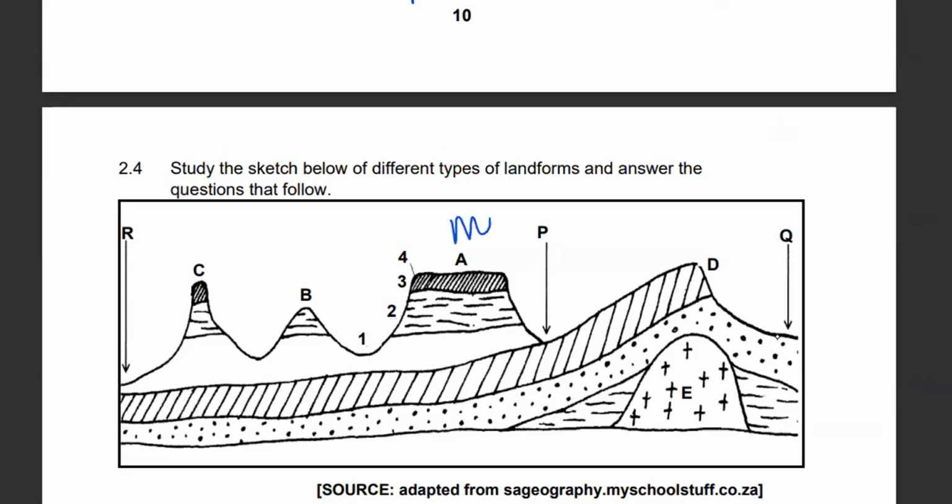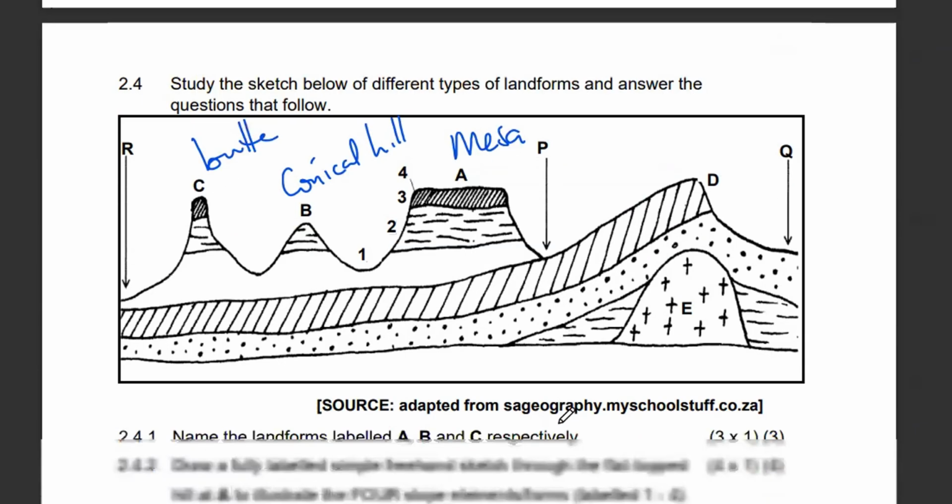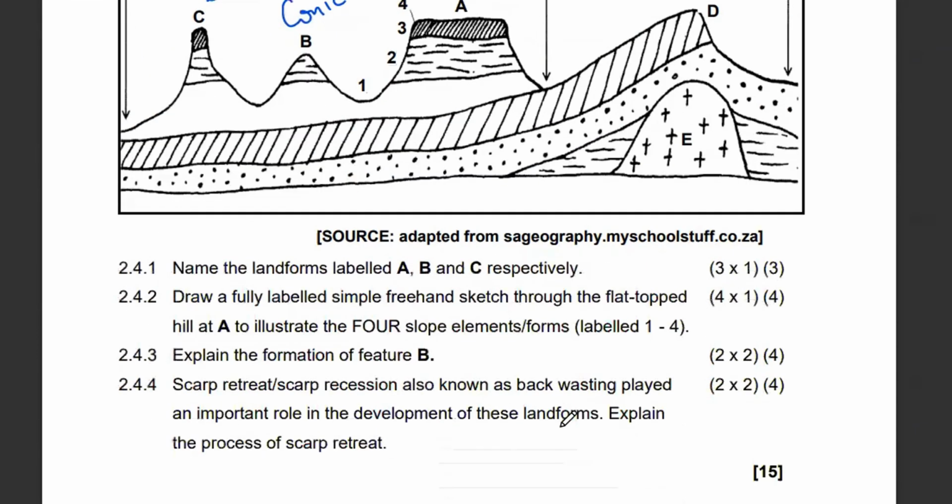It's a mesa. Our landform B has got a rounded top. It's a conical hill. Our landform C is narrower than its height. It's a butte. So those are the three landforms according to the labeling that is required.